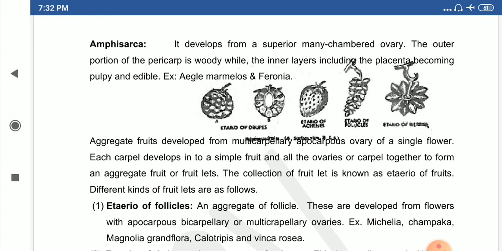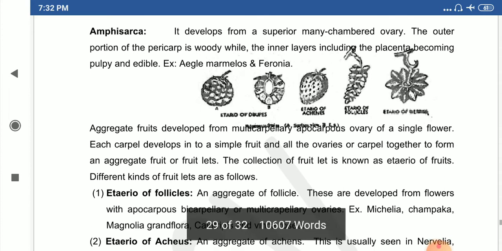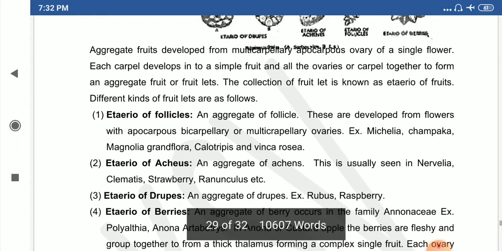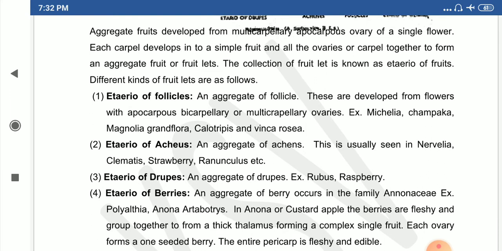The next category is aggregated. Dry fruit, fleshy fruit. The next second one is the aggregated fruit. These aggregated fruits generally are formed by an inflorescence having multiple ovaries. That's an aggregate of fruits. So usually etaerio of follicles, etaerio of achenes, etaerio of drupes, and etaerio of berries.